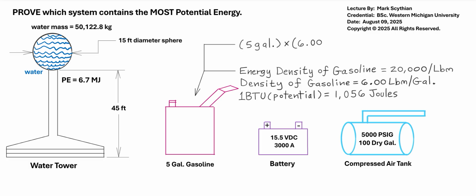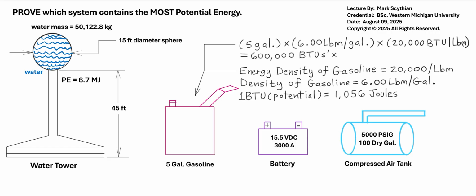So if we take 5 gallons times 6 pounds per gallon, we know the density of gasoline is 6 pounds per 1 US liquid gallon. So that's 30 pounds times 20,000 BTU per pound. So we calculate 600,000 BTUs times 1056 joules per BTU.